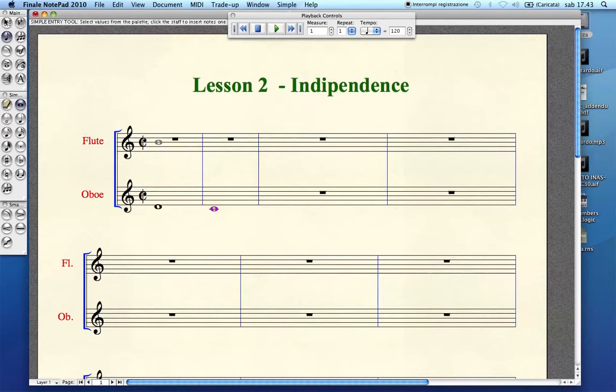So the first thing about independence is to try to do the opposite of what another voice is doing. So for example, if my voice is going down, I would like my other voice to go up. So for this D, C, I could write, for example, here a sixth.